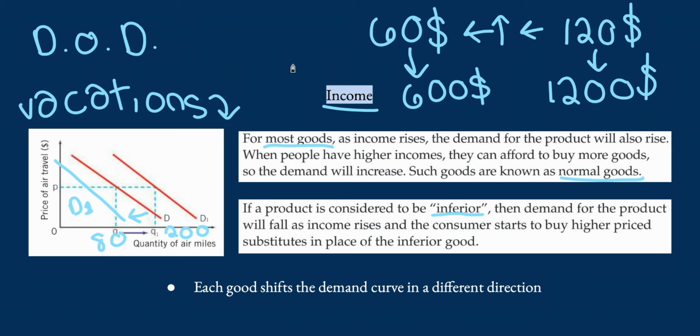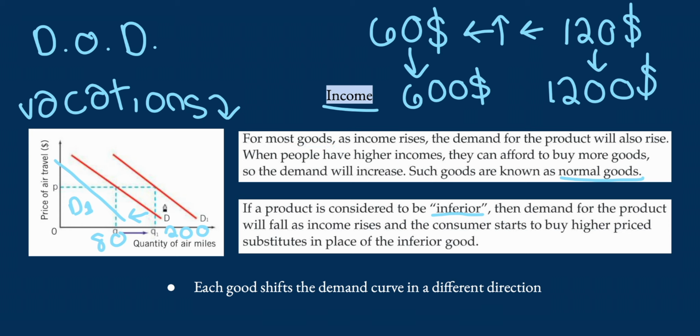Whether it be, I don't know, fancy restaurant bookings, whether it be technology, vacations, super common one, whatever, most things in your life are gonna be normal goods, okay? However, there's also gonna be the opposite effect. If a product is considered to be inferior, then demand for a product will fall as income rises, okay?